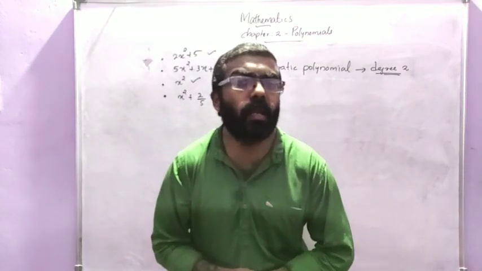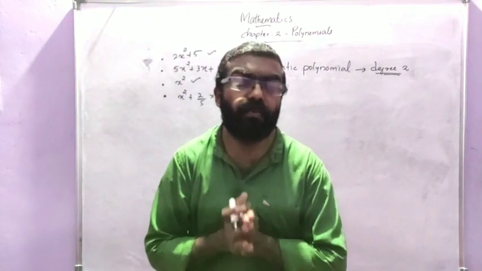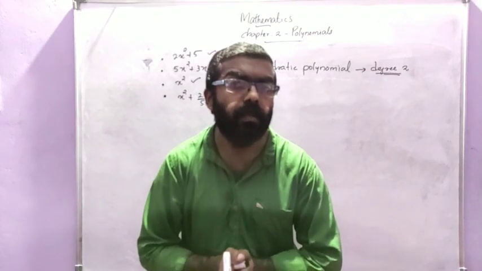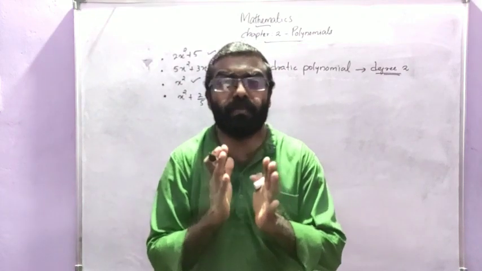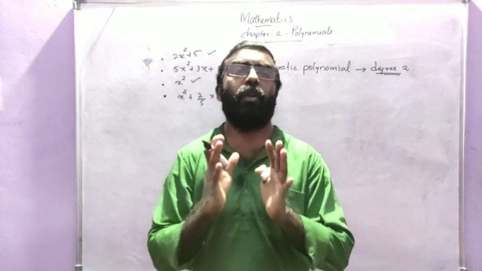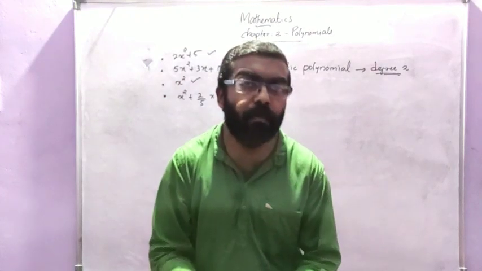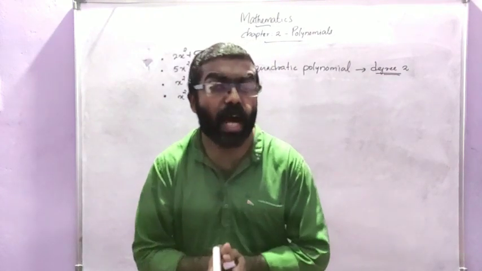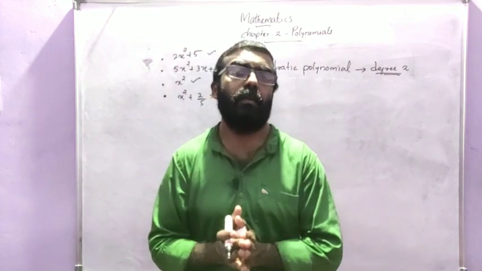Can you write a quadratic polynomial in one variable with 4 different terms? No. You will find that a quadratic polynomial in one variable will have at most 3 terms. Okay.